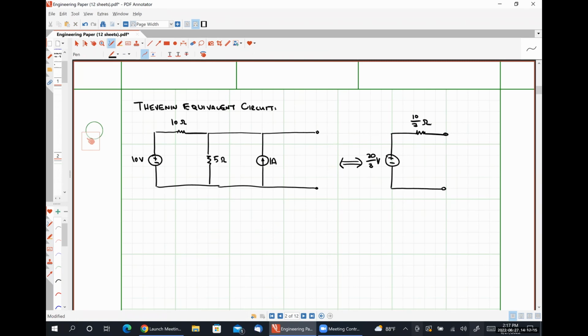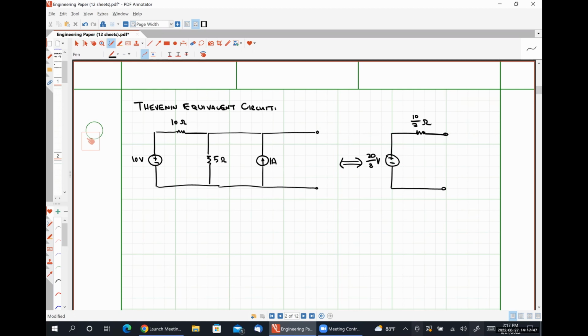These two networks are electrically equivalent, which means they would deliver the exact same voltage, current, and power to an arbitrary load resistance that was connected across those open circuited terminals. Okay, so the Thevenin equivalent circuit is an alternative way to get a practical voltage source representation of a network where simply doing source transformations may not be the best route to do that.